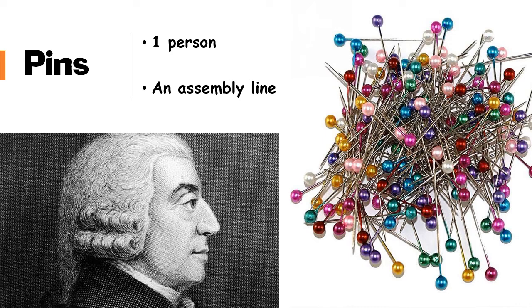Adam Smith is writing just as we're switching to being a factory kind of economy, right? So he says, look, the old way to make pins was that one person would sit in their little shop and they would make the whole pin. They would take the wire and they would do all the little steps themselves.